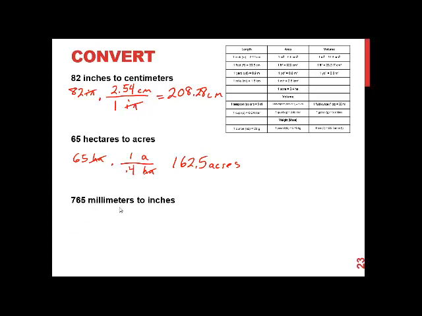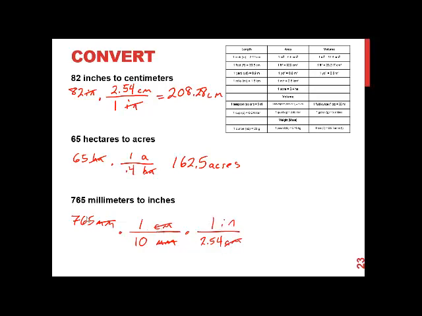Alright, 765 millimeters to inches. Alright, well, up here I don't have a millimeter to inches conversion, so let's convert these millimeters to centimeters first. Alright, now I can convert my centimeters. 2.54 centimeters is 1 inch.